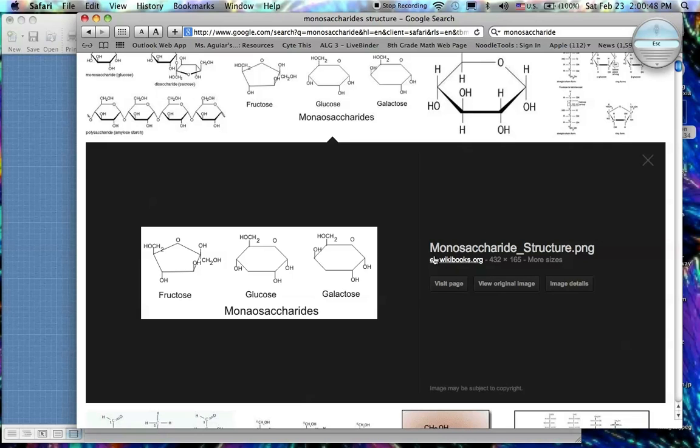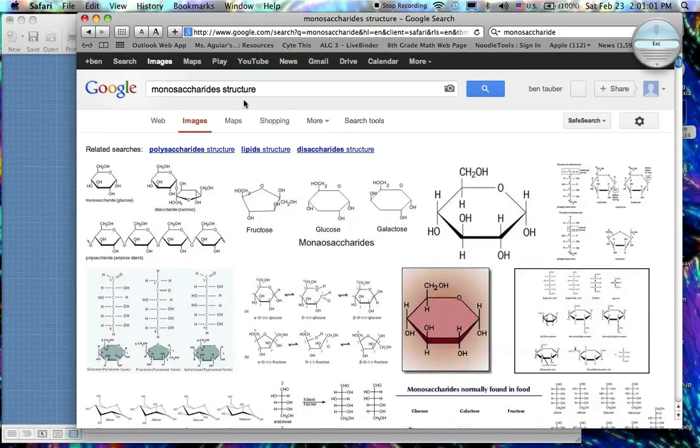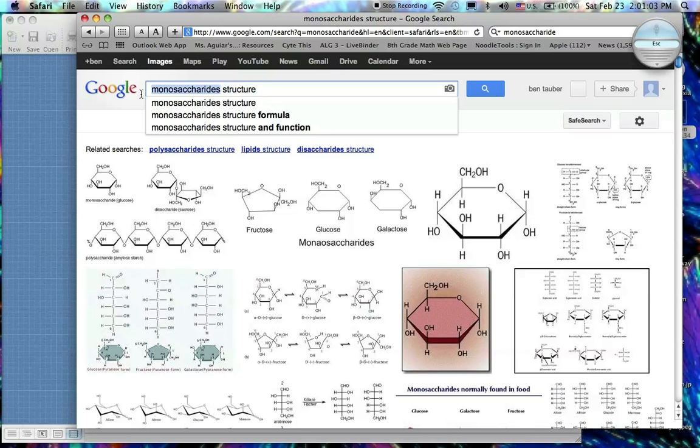The main ones that I think you should know are fructose, glucose, galactose, deoxyribose, and ribose. Deoxyribose is in DNA and ribose is in RNA. Let's see if we can get a picture of those. Ribose.